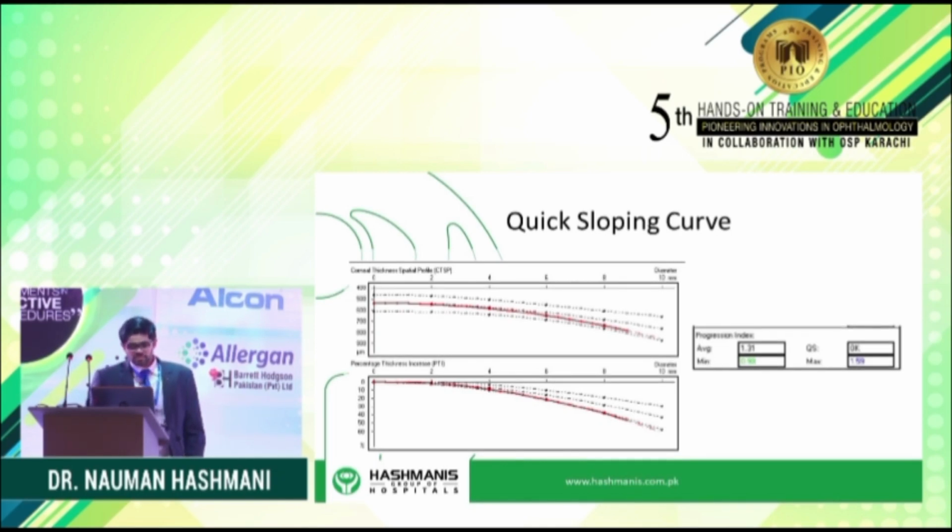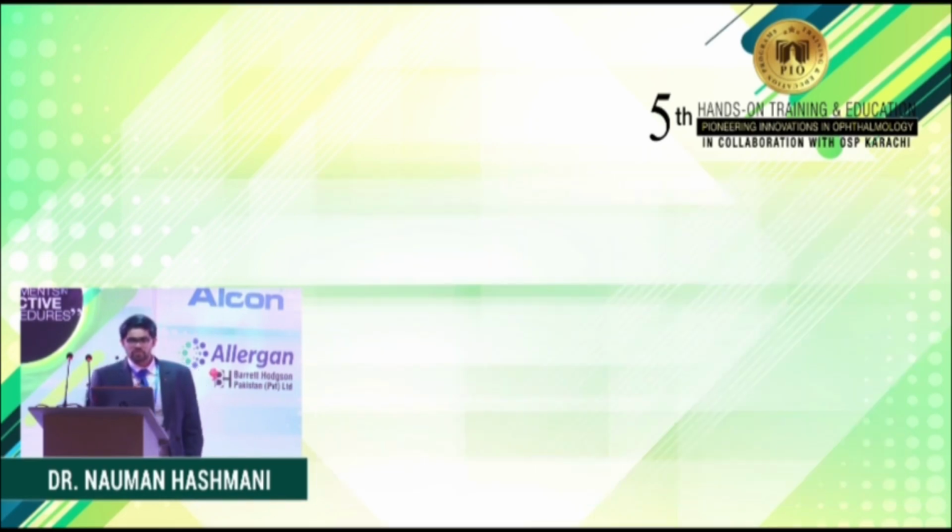Now you can see this a little bit better on the percentage thickness increase, where you're seeing something that started in the middle of this range and then has dipped below. Now how do you say for sure that this is a quick sloping curve? You look at the average, and the average here is above 1.2, and that should have sent red signals into your head that no, this is not a normal cornea.